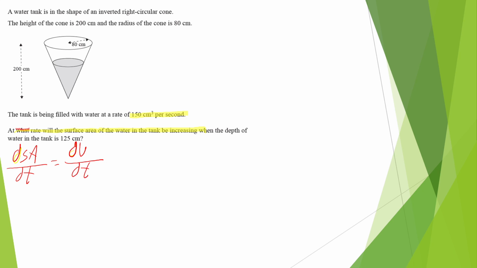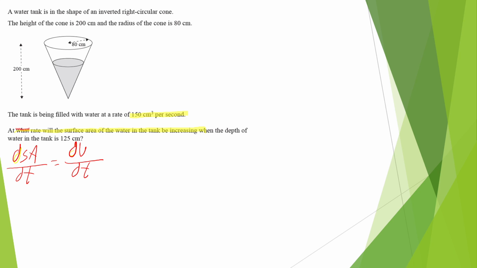And then I need to differentiate it because it's a surface area. So it's the surface area of the cone, and there is a volume of a cone involved. A good idea with this type of question is to write the equation of the surface area of a cone. I think it's in your formula sheet.